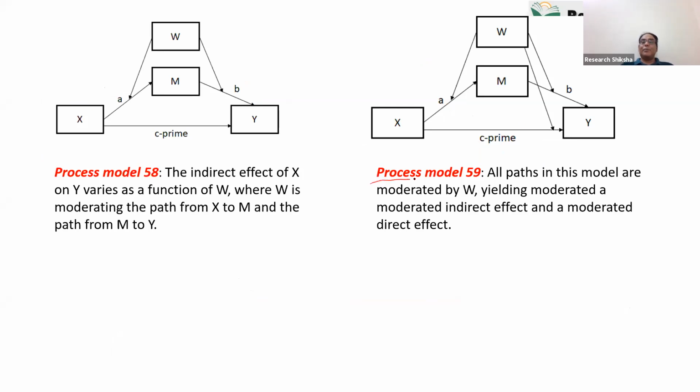So these are the different possibilities of moderation, and these are the different cases. Now see model number 59. In model number 59, we are examining the effect on all of path A, path B, and path C. We simply want to check whether all the relationships are different for different categories or not. For example, in most cases, we find out whether the effect of X on M, M on Y, and X on Y is different for male as compared to female.